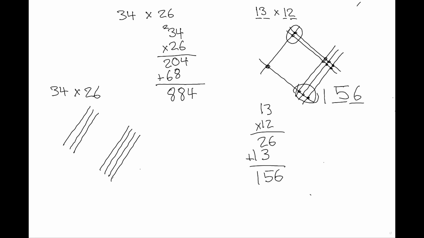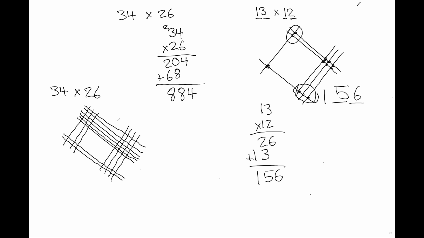Now for our 26, we have 1, 2, and then we have 1, 2, 3, 4, 5, 6. Awesome. So now that we have all this set up, we simply need to count out the intersections.